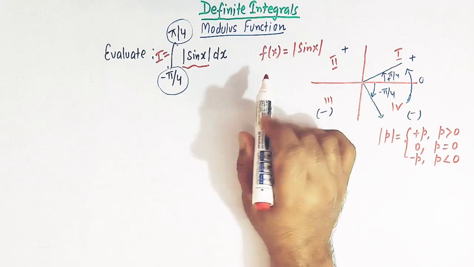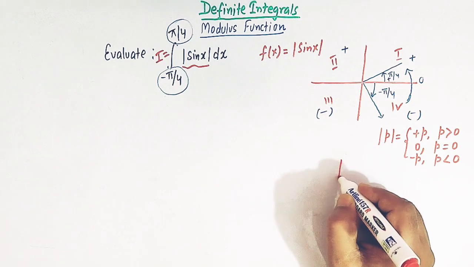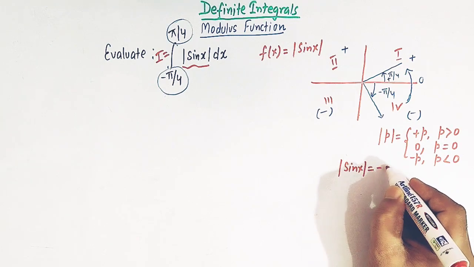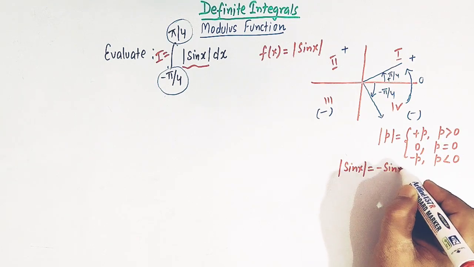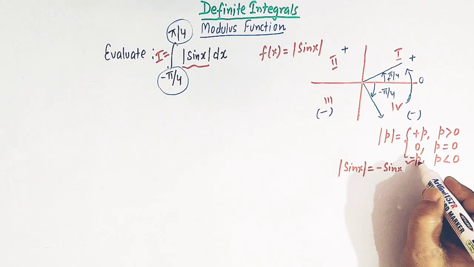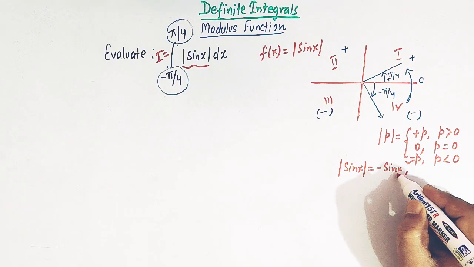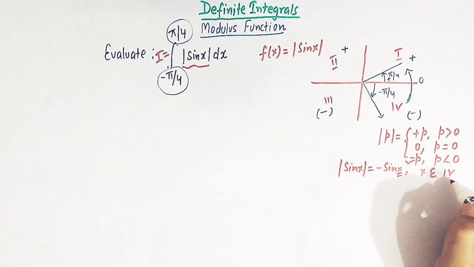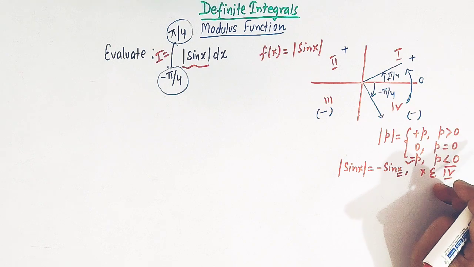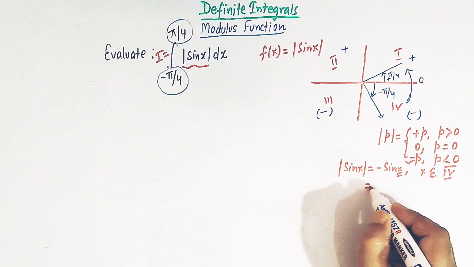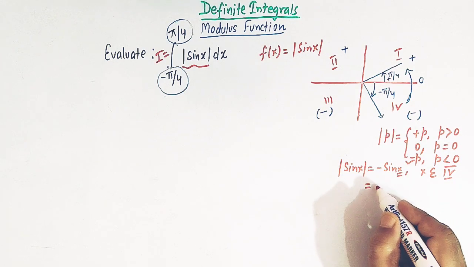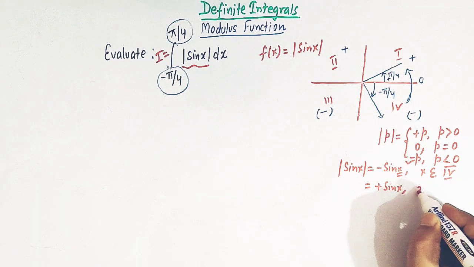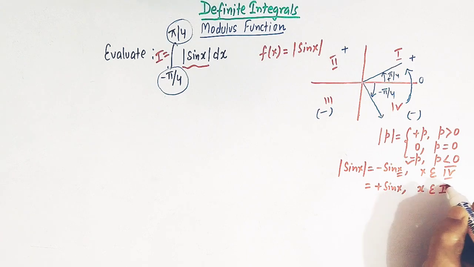So here, mod of sine x is negative sine x when x belongs to the fourth quadrant, and mod of sine x is positive sine x when we are in the first quadrant.